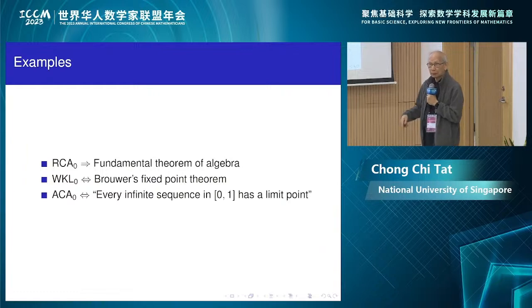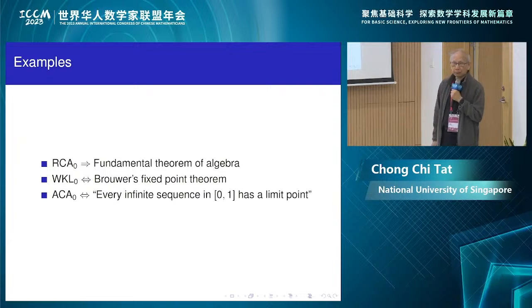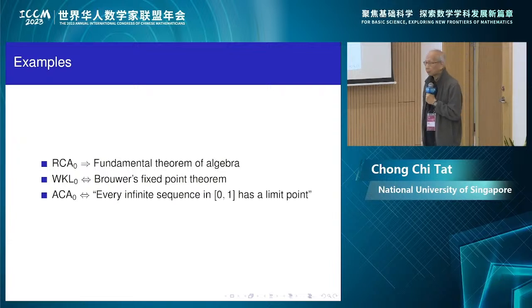Or similarly, you color the natural numbers into k colors, then at least one of the colors will contain infinitely many arithmetic progressions of a specified length. Now that theorem turns out to imply ACA 0.